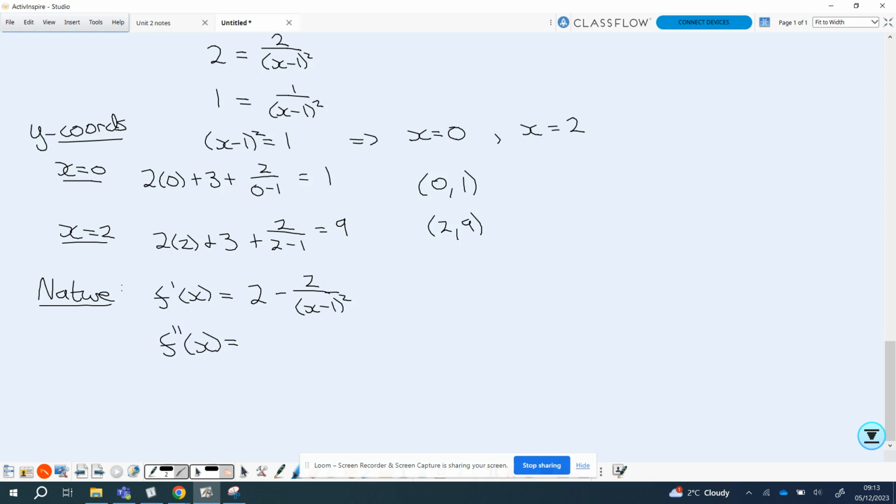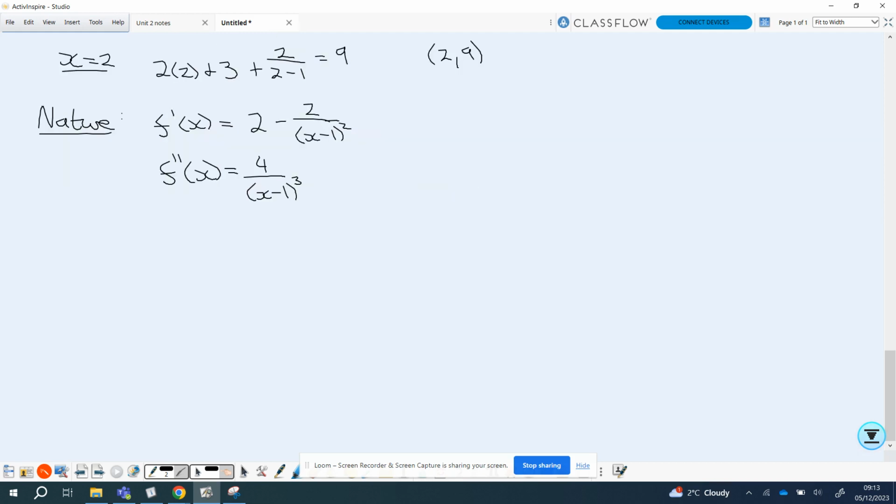If I differentiate that, the 2 will disappear, and if you use the chain rule for the second part, you end up getting 4 over x minus 1 all cubed. So that's what the second derivative would be. That was pretty easy for me to work out, so that's why I chose that method. I could have done it without too much work there.